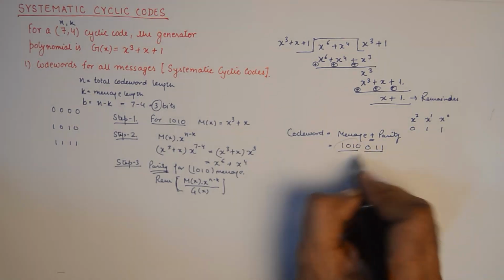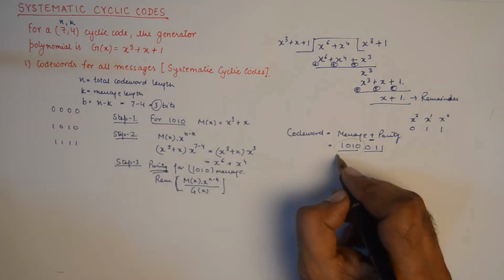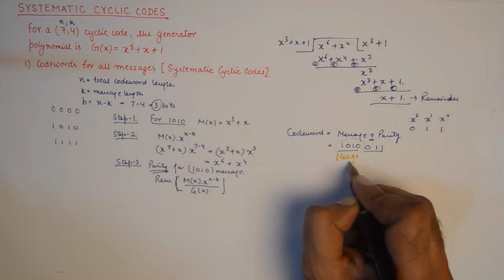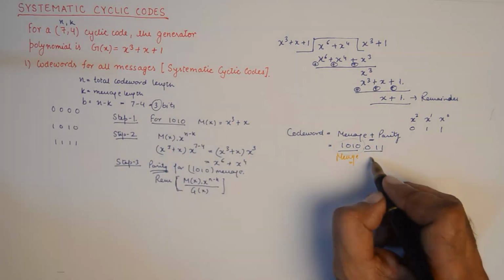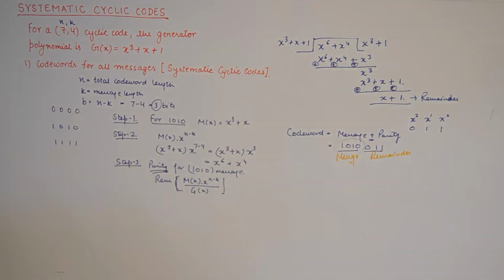So this is message, which is directly taken, and this is the remainder. And that's how it goes along.